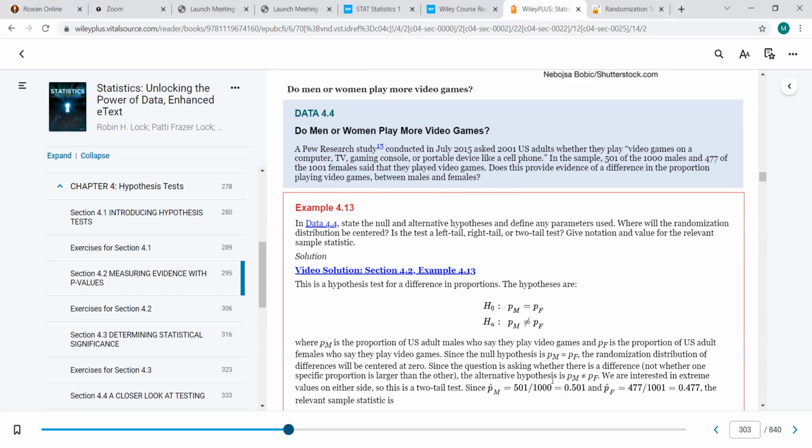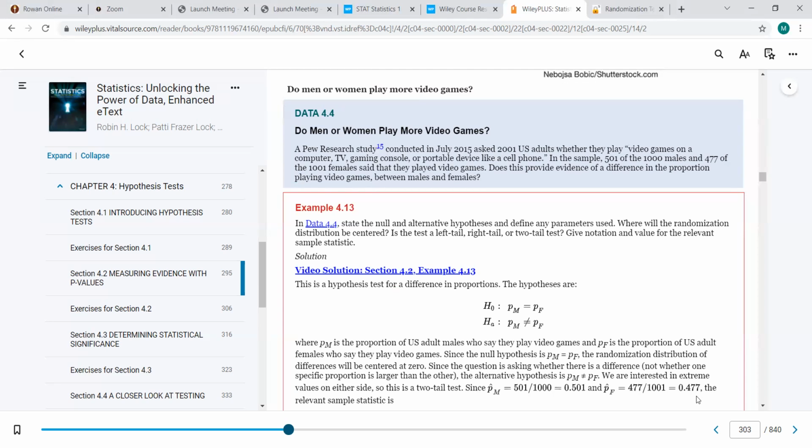So that shows, and if you look down here, it shows the sample proportion for the males being 501 divided by 1,000, 0.501. And for the females, 477 divided by 1,001 or 0.477. All right, so the difference between those two proportions is the difference in the two groups, right?